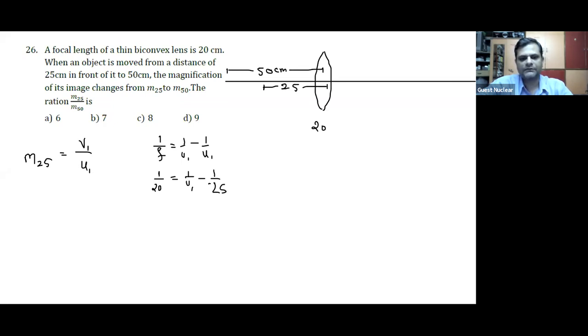ये minus 25 की वजह से ये plus 25 बन जाएगा. So we can just have this 1 upon 20 is equal to 1 upon V1 plus 1 upon 25.